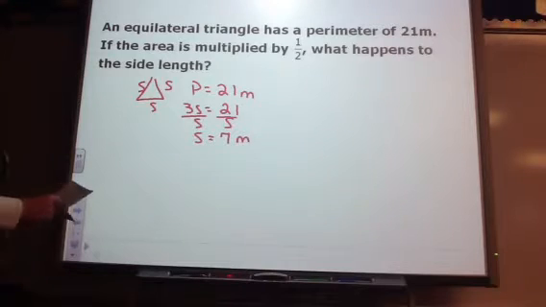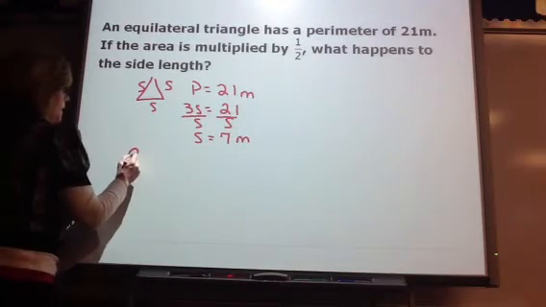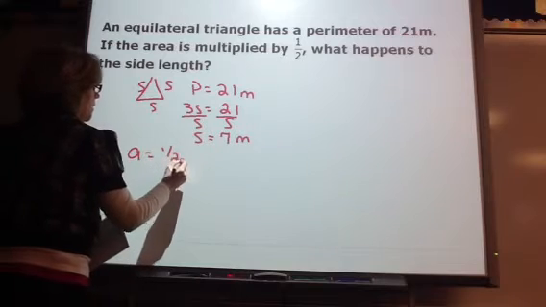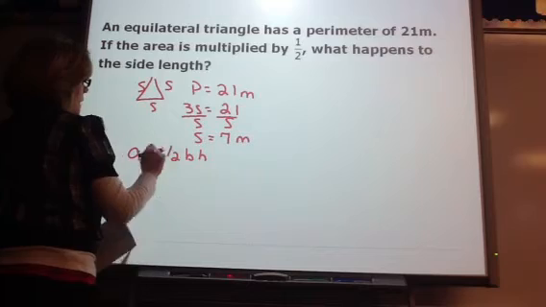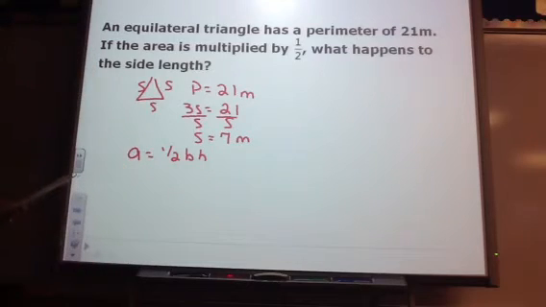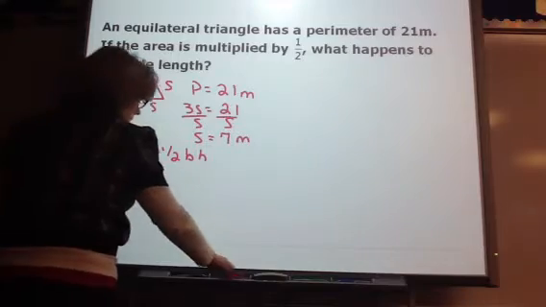Okay, so on this equilateral triangle here, area of a triangle is 1/2 of your base times your height. Well, we have the base. The base is 7. We don't know what the height is here. So let me redraw this.